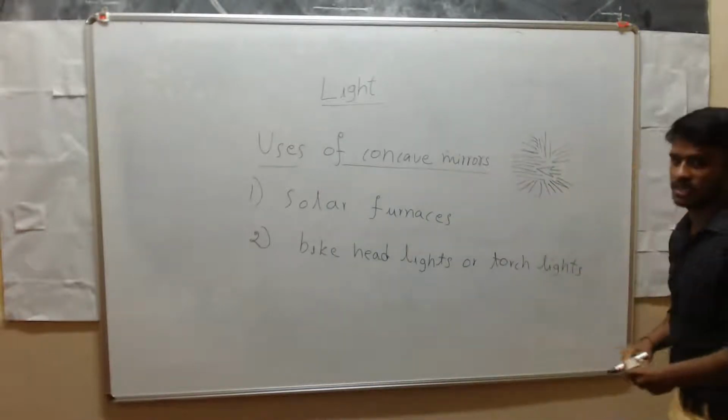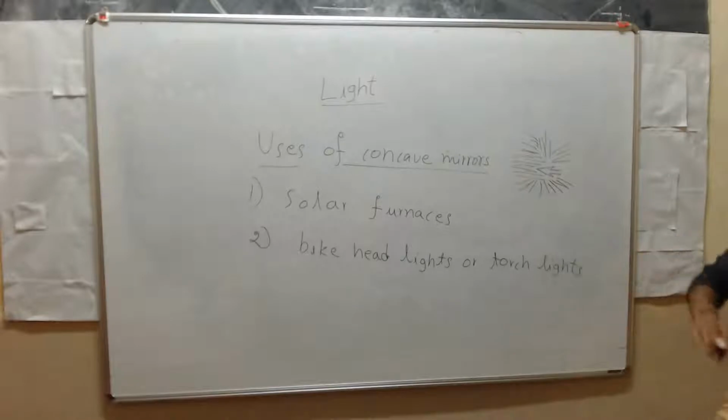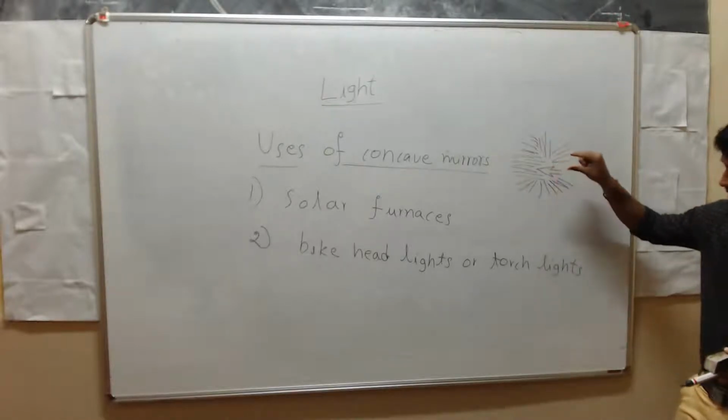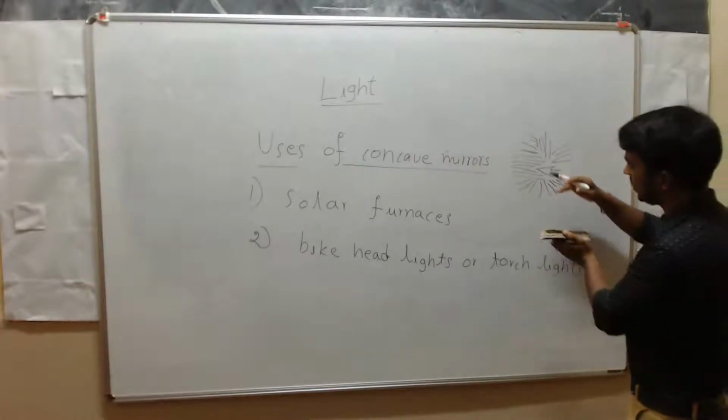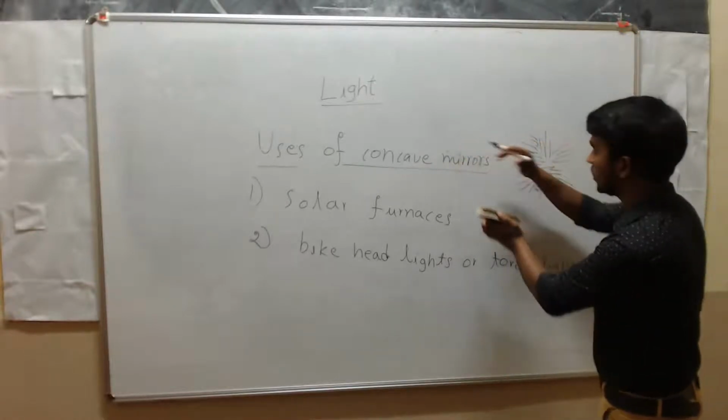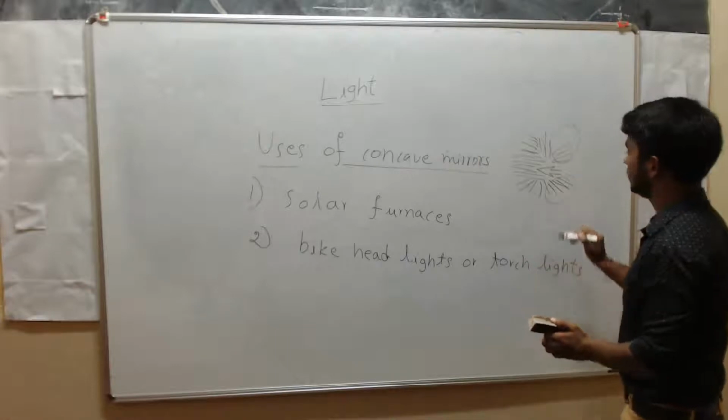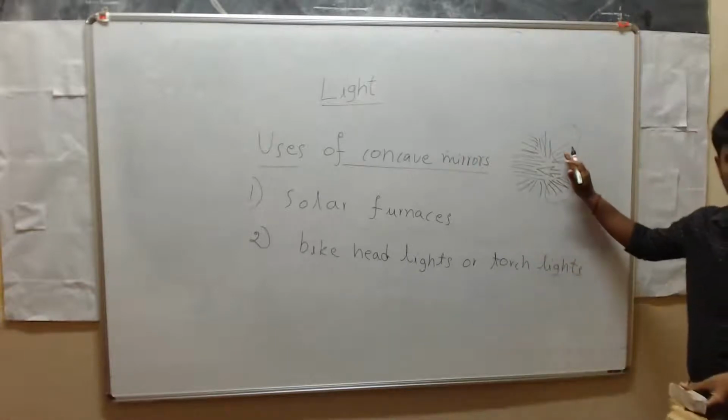Light moves at a 360 degree angle, right? So that's why, if you use this bulb in your bike headlight without a mirror, you will get only this much amount of light. But what about this side? I think it is wasted, right?